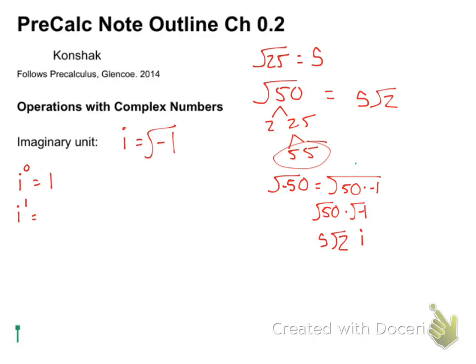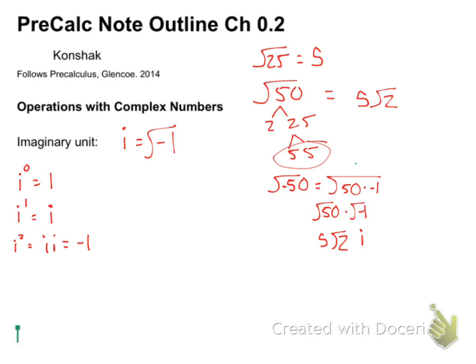How about I to the first power? It's just I. What about I squared? Well, what does it mean to square something? Multiply it by itself. So that's just I times I, which is -1.